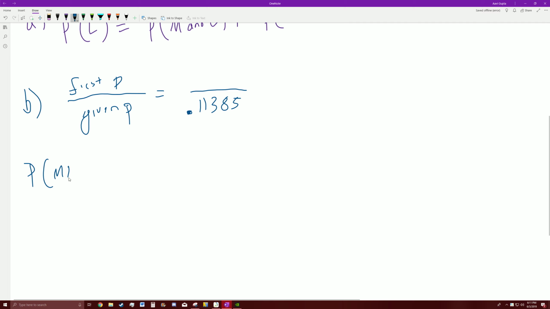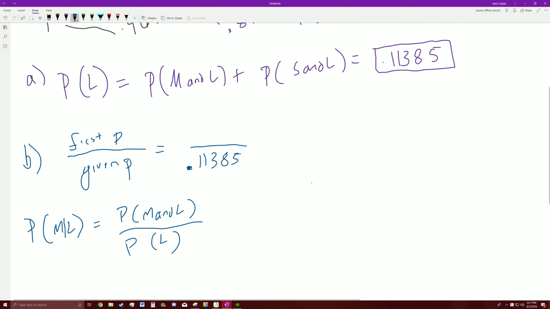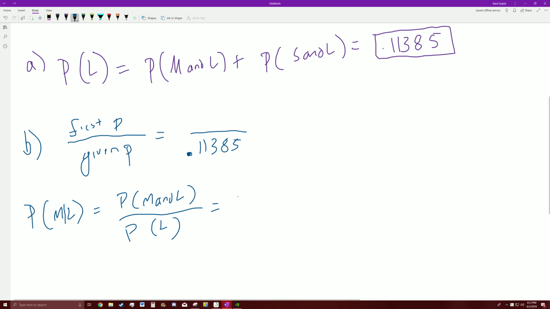Probability of M given L is equal to the probability of M and L divided by the probability of L. I think this actually makes it much easier, because we actually have this probability of M and L. That's right here. That's 0.0077. The probability of L, well, that's just 0.11385.